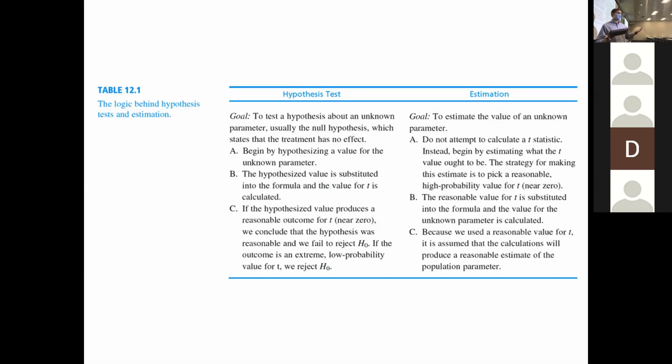Are we rejecting the null hypothesis that frequently is there's no difference between these groups? Are we retaining the null hypothesis, et cetera? And the estimation is just getting the value of an unknown parameter. So whereas in hypothesis testing we're saying, yes, there's an effect, no, there's no effect, estimation is how big of an effect is there.